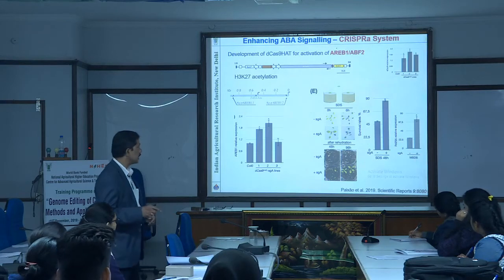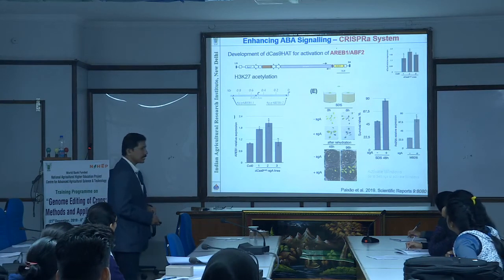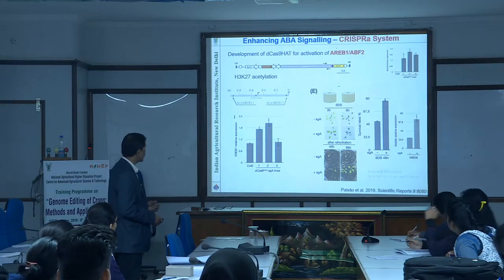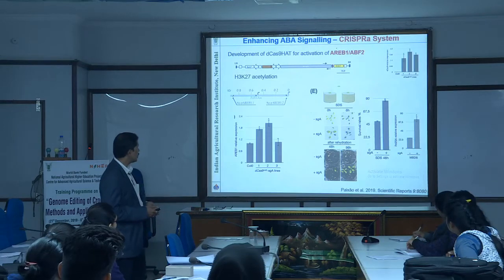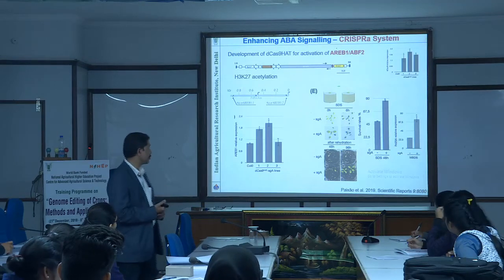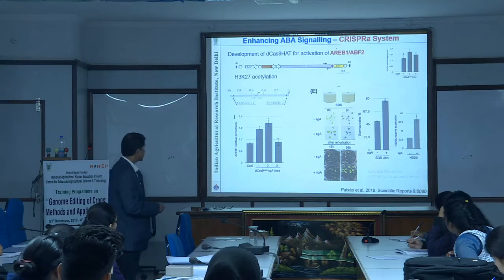So that often hinders the translation process, so the protein produced from that transcript is less. So either you can modify that, or you can modify the promoter, or you can modify the epigenome in that particular region, so that expression is enhanced.